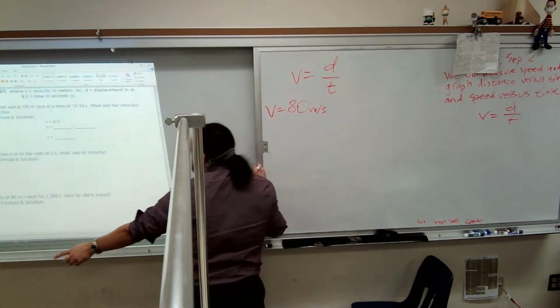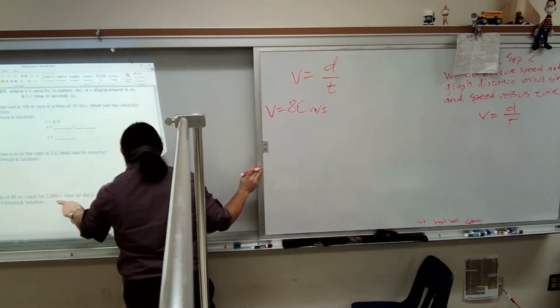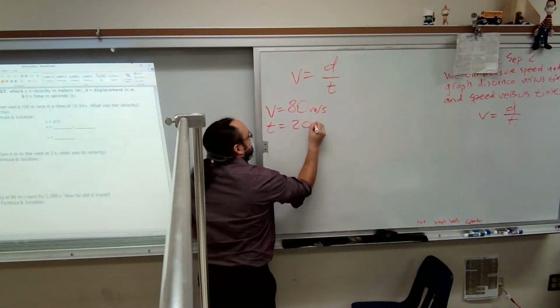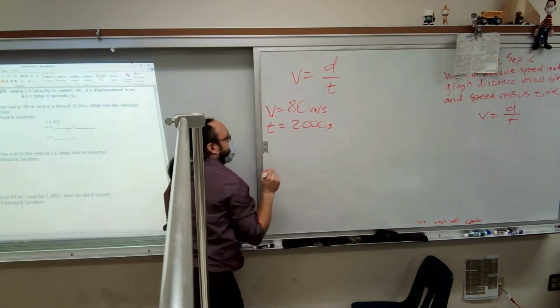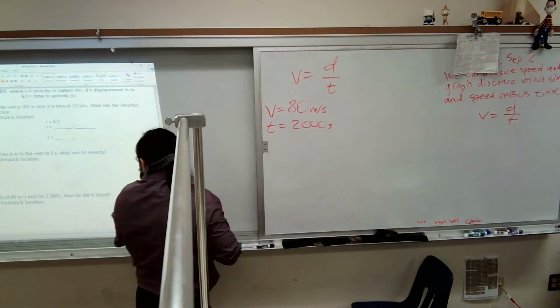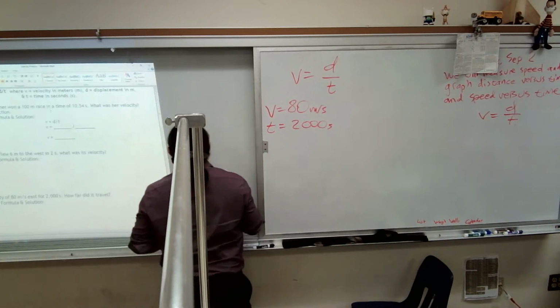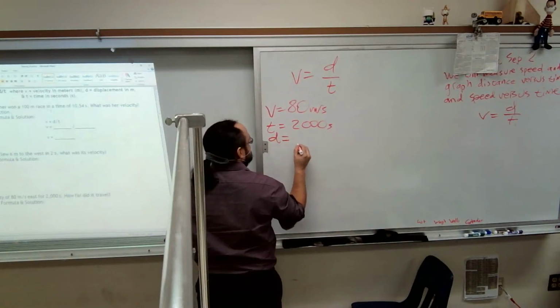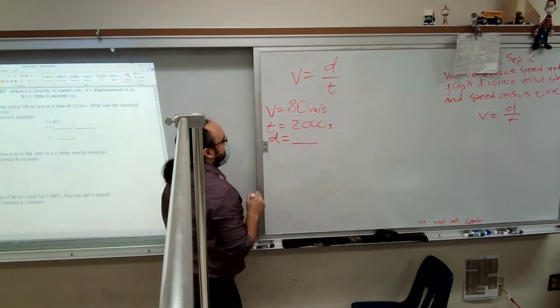It's not velocity if I don't say east, so I did good. East for 2,000 seconds, t equals 2,000 seconds. And how far did it travel? That's for distance. Asking how far, so that's a blank.